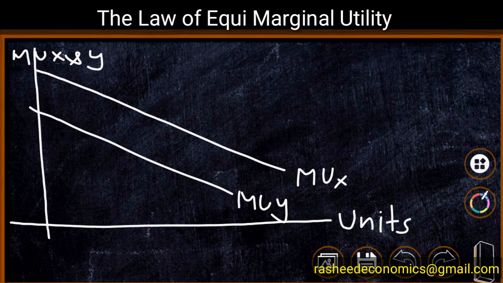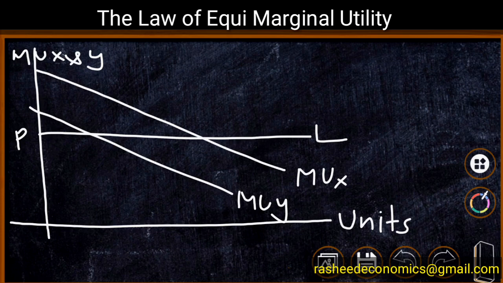To equate the marginal utility of x and marginal utility of y, we need to draw a price line or a marginal utility of money line that can be drawn as this. This is the price line or marginal utility of money line. From this it is clear that here we need to equate marginal utility of x and marginal utility of y.